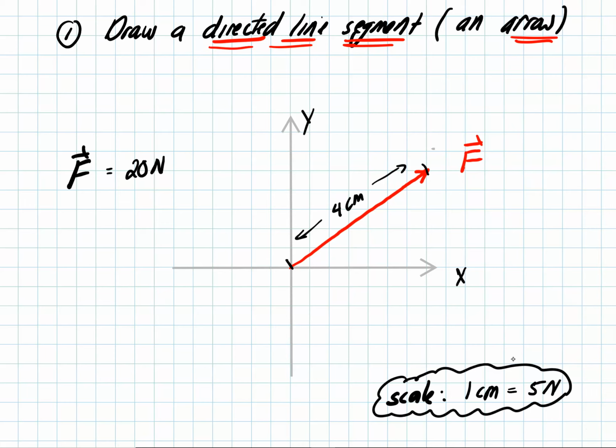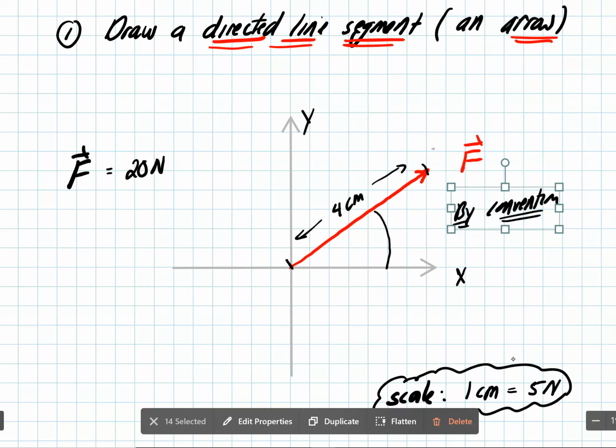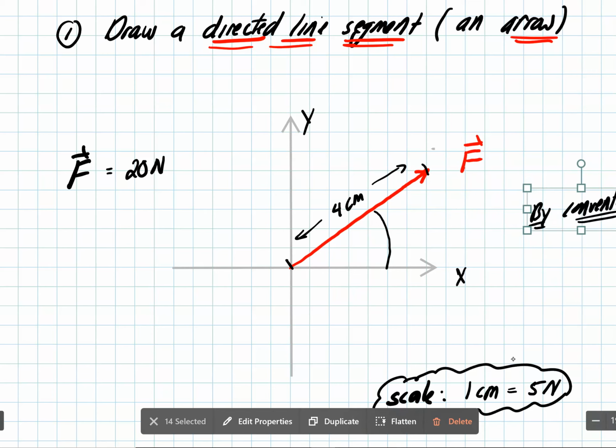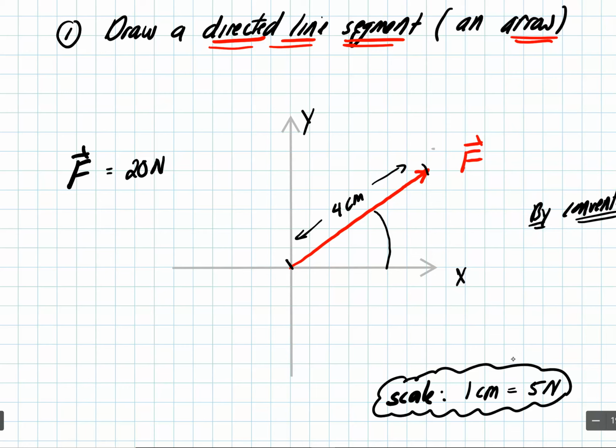So your friend would have to get out a protractor. It's a little bit of a hassle. And they would measure, okay, you could measure any angle, but we're going to say by convention. You're going to hear that a lot, meaning people before us just decided this would be a good way to do it. So by convention, we typically measure from the positive x-axis.